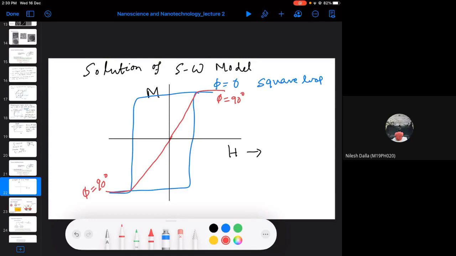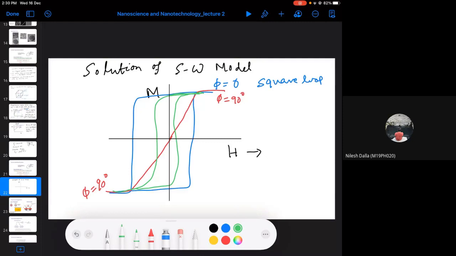Something in between is what you typically observe or obtain in many magnetic materials, and that shows that there is actually a distribution of anisotropy axes.